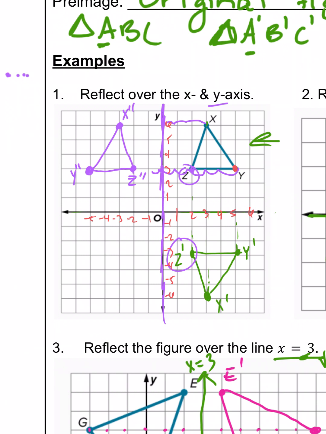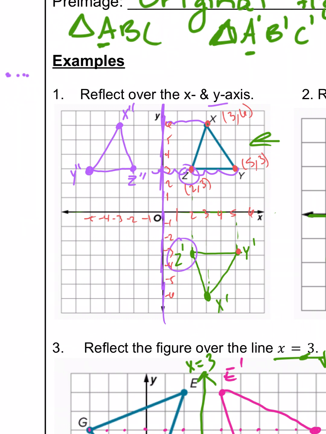All right, so for point y, x is 5, y is 3. Point x is at x is 3, y is 6, and point z is at x is 2, y is 3. Okay. And then let's go to our green triangle. I'm going to do the same thing in our green triangle, our image.